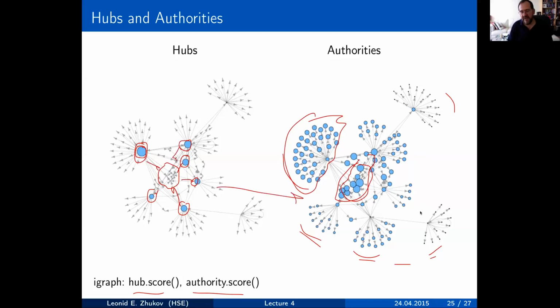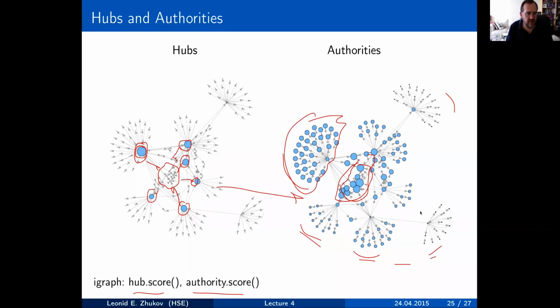So this is actually a very interesting approach that allows you to differentiate the roles of the different nodes in the graph, and think about some nodes as aggregators of information and other nodes as sort of creators of that information. And among those creators, there is an authority score, how authoritative they are, and among the hubs, there is a score that tells how important their role is as connectors.